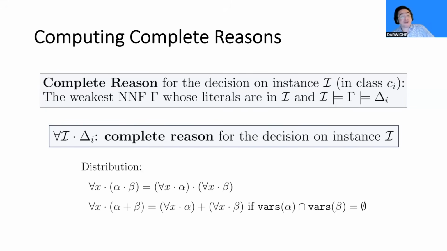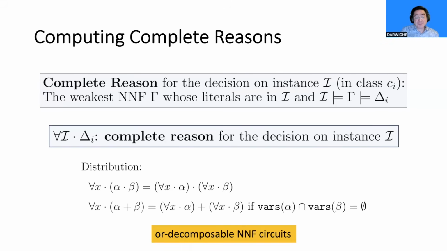I told you later I will tell you a property or a type of tractable circuit that facilitates computations related to explainability. What I'm mostly interested in here is how to facilitate the computation of the complete reason. Because once I grab it, I can compute its prime implicants and prime implicates, and I get my sufficient and necessary reasons. Well, that's the class that we need, the or-decomposable NNF circuits.